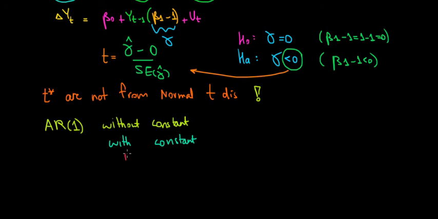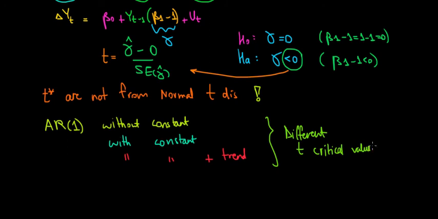All these processes have different t-critical values to compare, depending on the model that we're testing. And the value that we're comparing is the t value that we're finding under our test. That's what's happening behind the scenes. It's a t-test, and we're using different critical values from a non-normal distribution, and they also differ based on the regression model in that specific case.